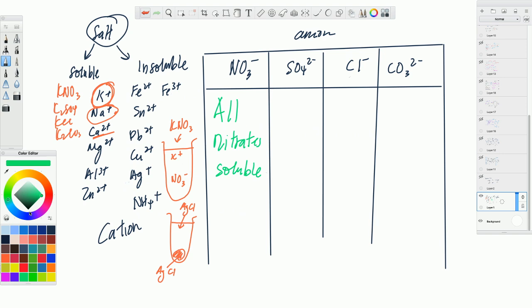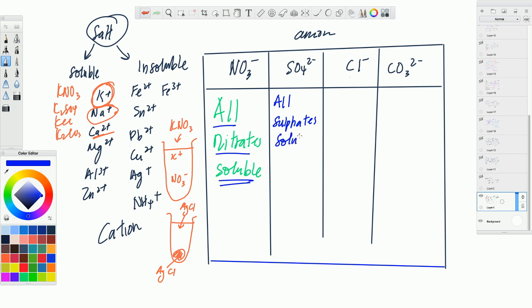Everything with a nitrate at the back is soluble. Okay, sulfate. All sulfates are soluble. Okay, sodium sulfate, potassium sulfate, magnesium sulfate, all soluble.